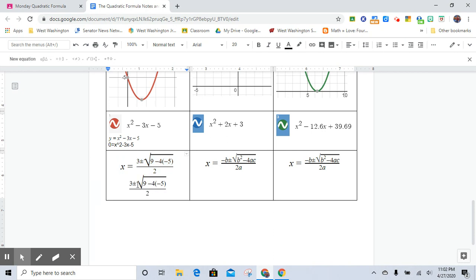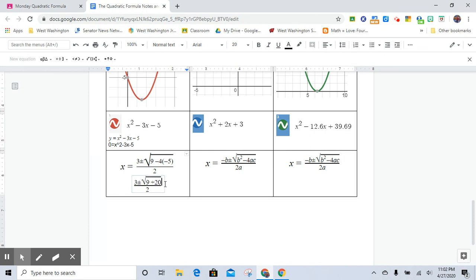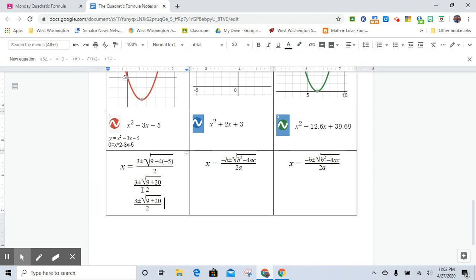So 9 minus 4, -4 times -5 is +20. So that means 9 plus 20. And that is not a perfect square. That is actually 29, and 29 is not a perfect square.